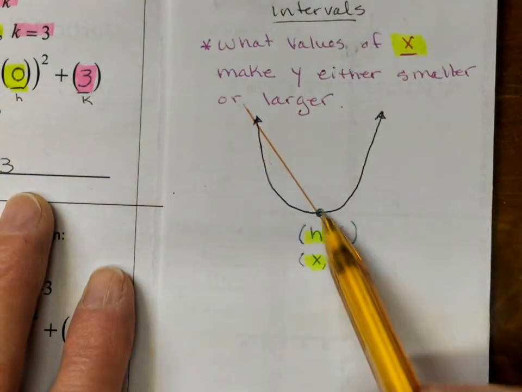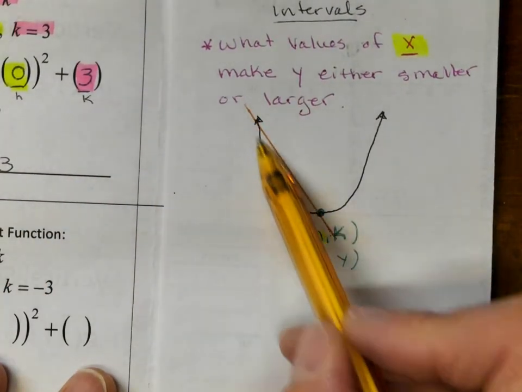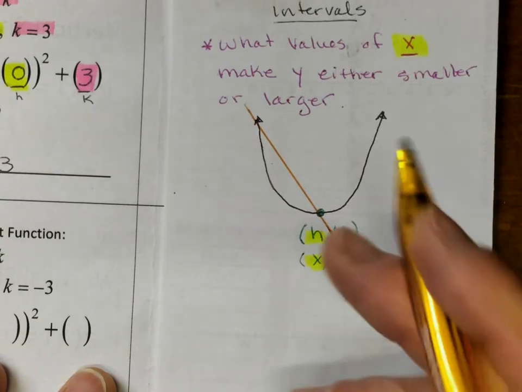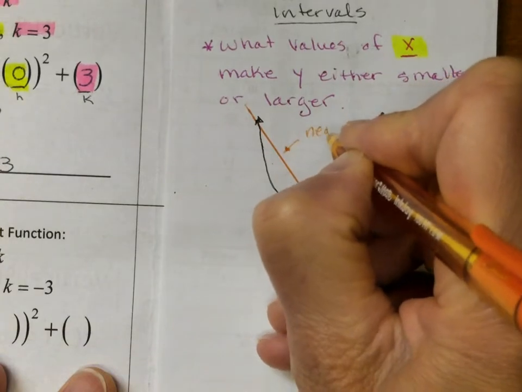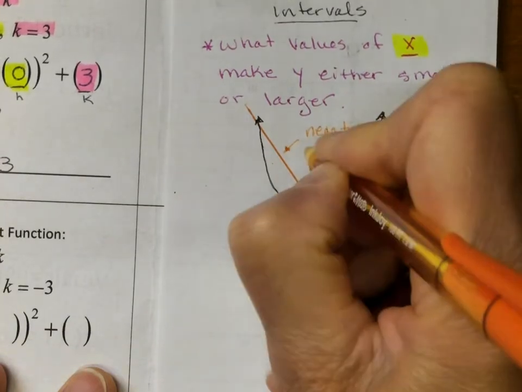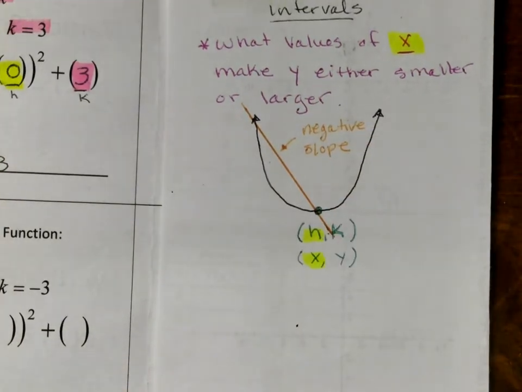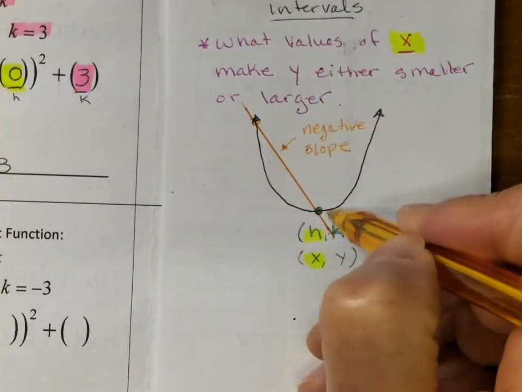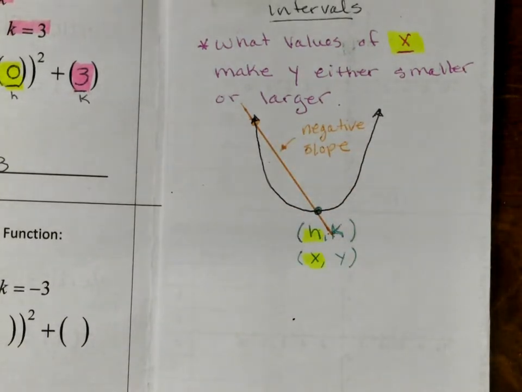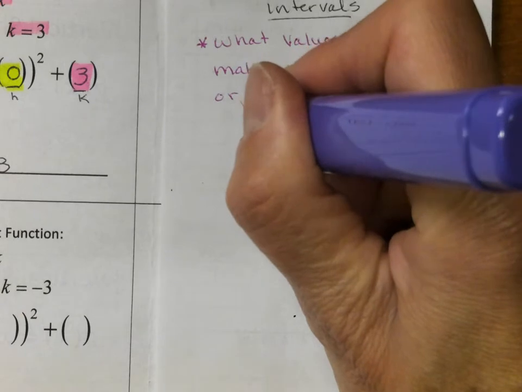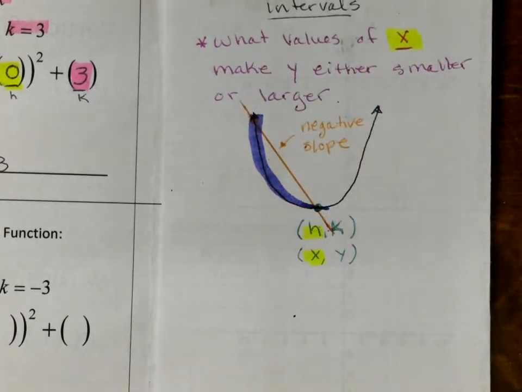So we see this line right here, and this here is decreasing because the slope is negative. Since that section from the very tip to my vertex is negative, that means that this part of my parabola is decreasing.